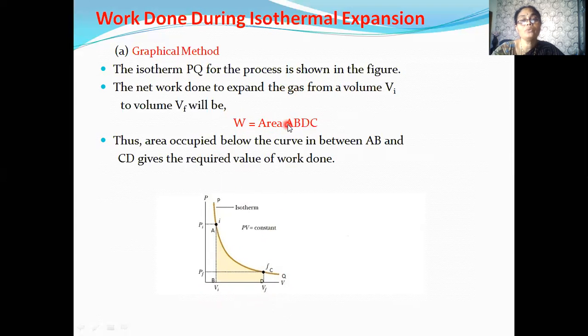So W is equal to the area of ABDC. That is, the area occupied below the curve in between AB and CD gives the required value of work done. So this is the easiest way of calculating the work done, the graphical method.